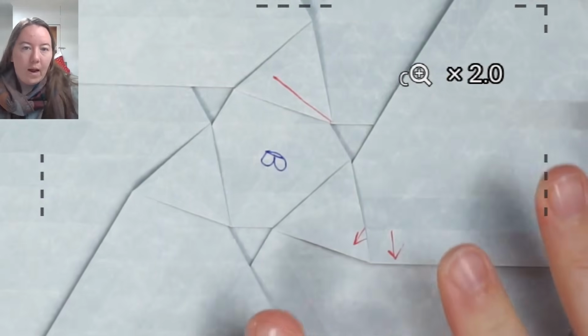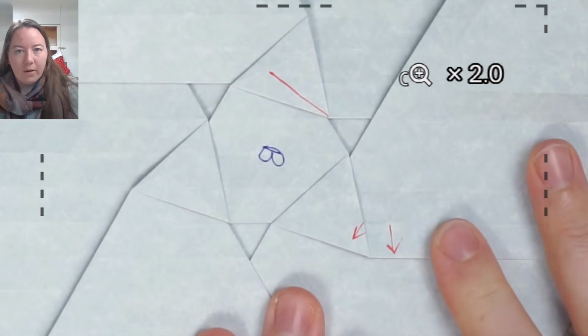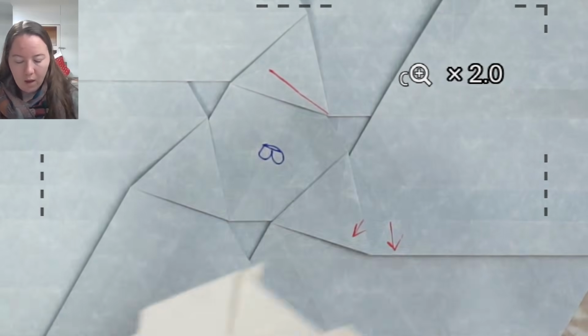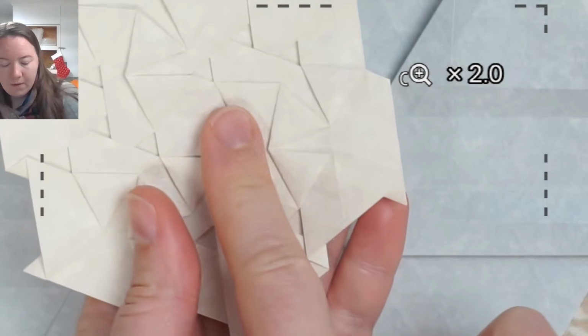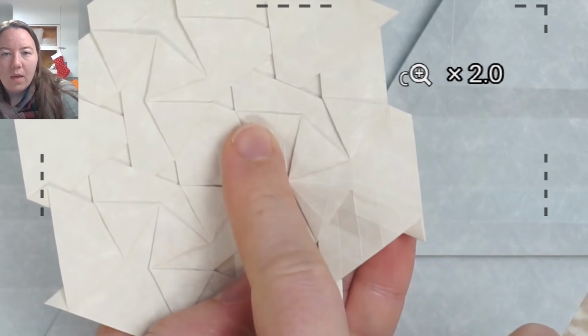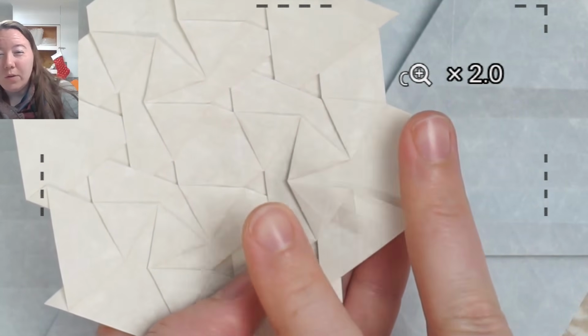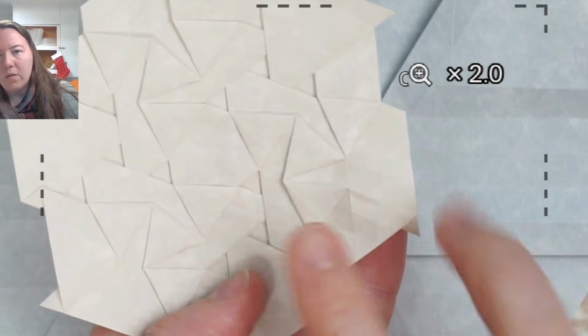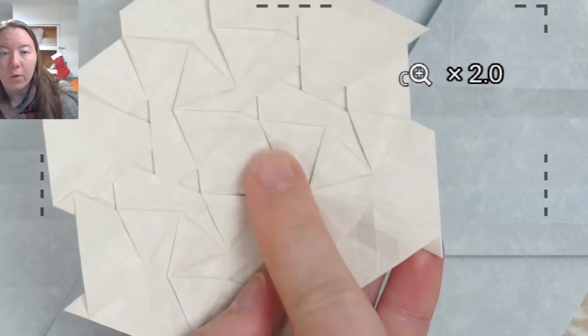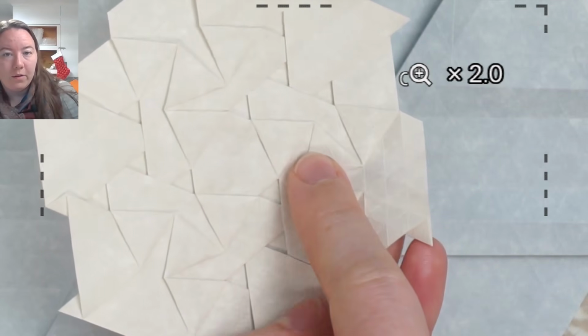So the rule for how this pattern repeats is a bit simpler than the ones we've seen in the last 2 days. It is if you have a triangle, so there's going to be 2 different kinds of triangles in this pattern. There's going to be ones at the corners of the clusters of 4 and ones at the centers.